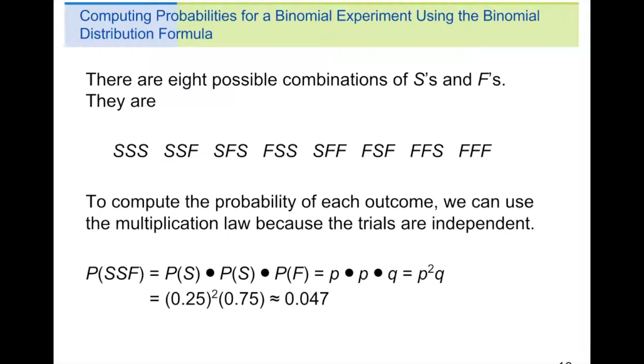So as we said, probability of success is p, probability of failure is q. So it's p times p times q, or in this case, p squared q. So 0.25 times 0.25 times 0.75, which is about 0.047. So the probability of 2 successes and then 1 failure, in that order specifically, is 0.047.